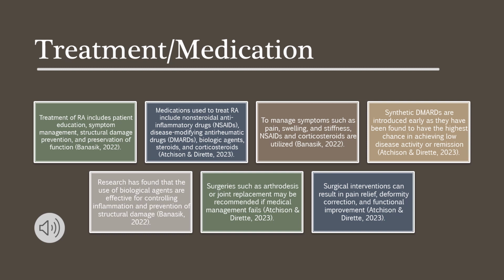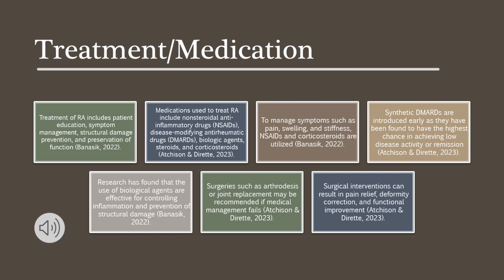Treatment involves patient education, symptom management, structural damage prevention, and the preservation of function. So symptoms such as pain, swelling, and stiffness are treated with NSAIDs and corticosteroids. Synthetic disease-modifying anti-rheumatic drugs are typically introduced early because there's a lower chance of disease activity and higher remission rates.